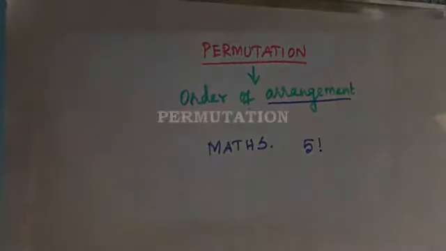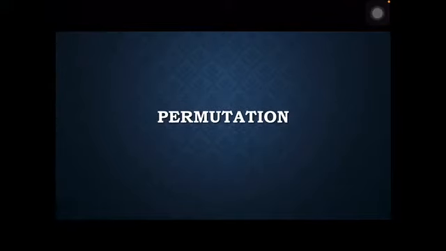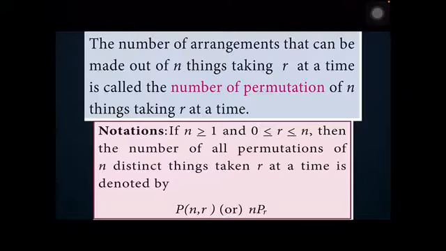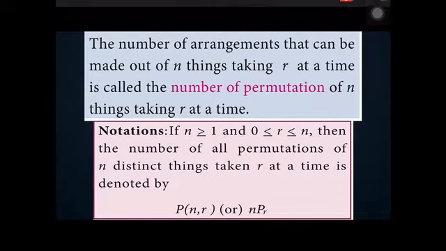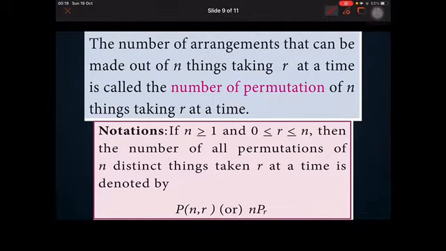Permutations. It is also a type of arrangement. The number of arrangements that can be made out of n things, taking r at a time. N things arranged in r places is called the permutation of n things taking r at a time, where n should be greater than or equal to 1.